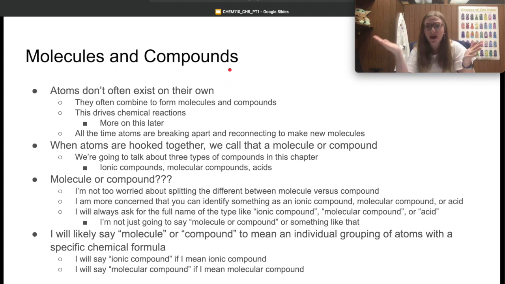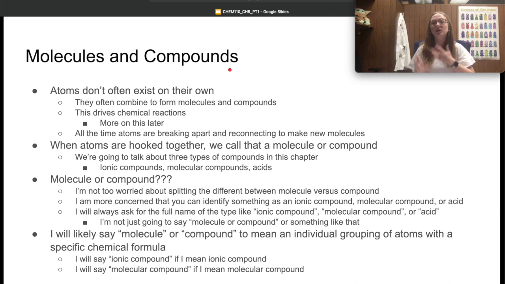Molecule or compound, which word is right to use? I'm not too worried about splitting the difference between those 2 words. So the book, for some reason, is really concerned about this. However, if you're talking to a chemist, we'll use the word molecule and compound interchangeably, so don't worry about splitting the hair between that too much.